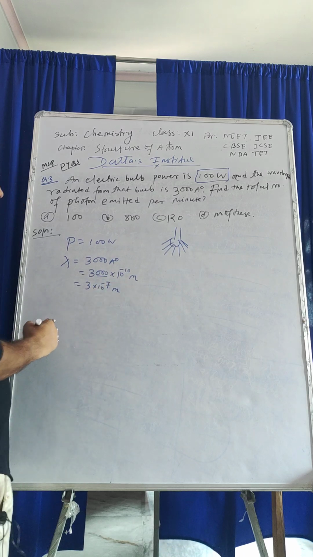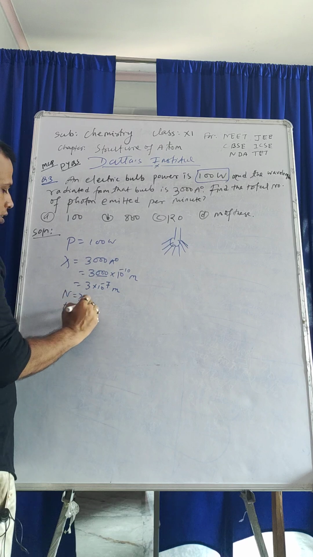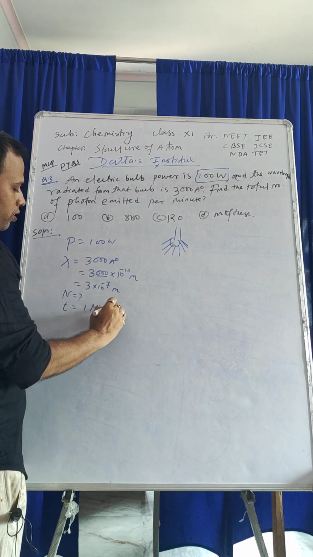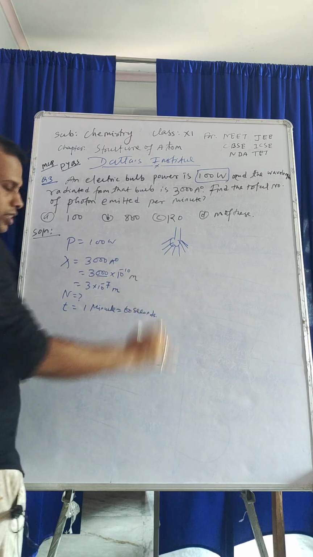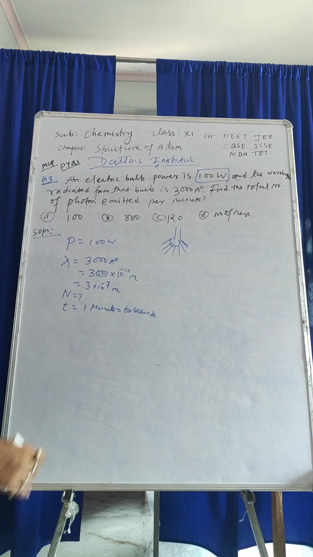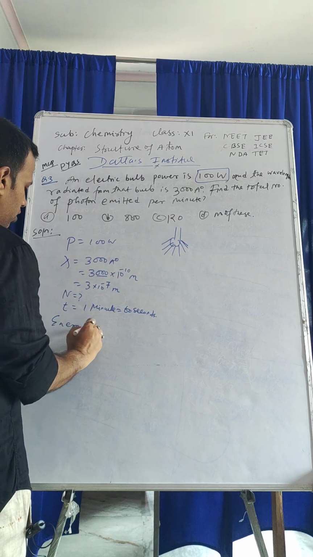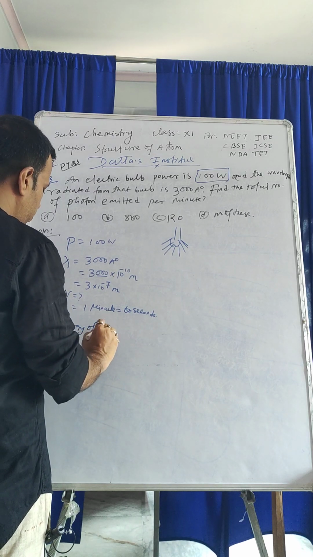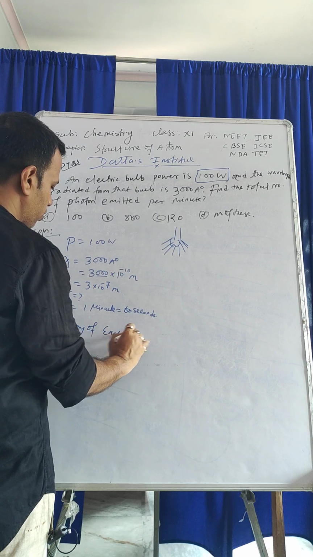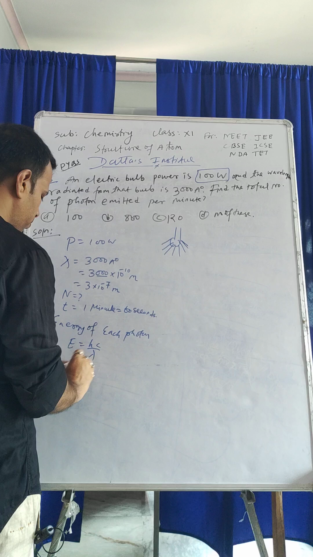Now the total number of photons we have to find out. Time is 1 minute, and 1 minute equals 60 seconds. Now the energy of each photon: E equals hc by lambda.